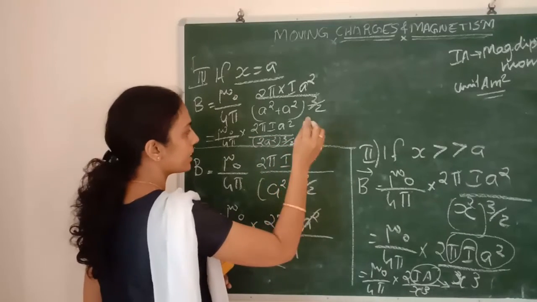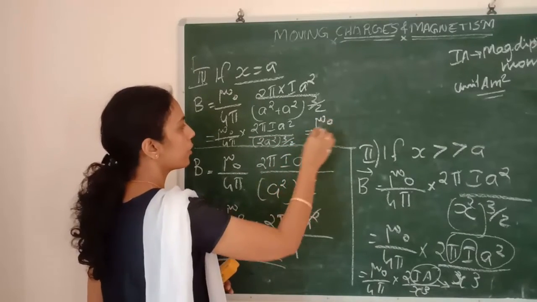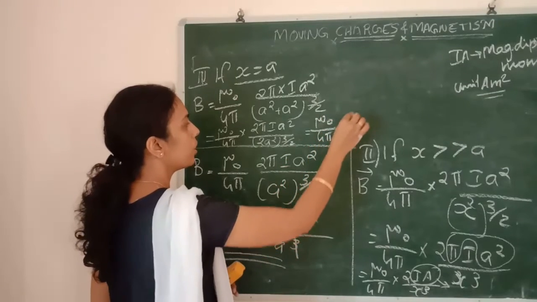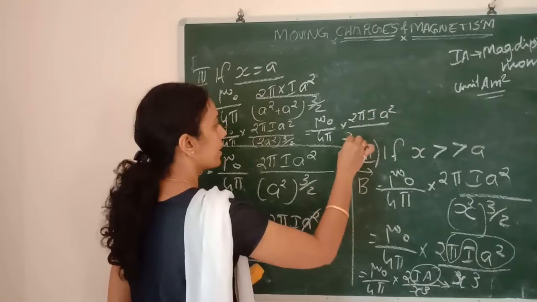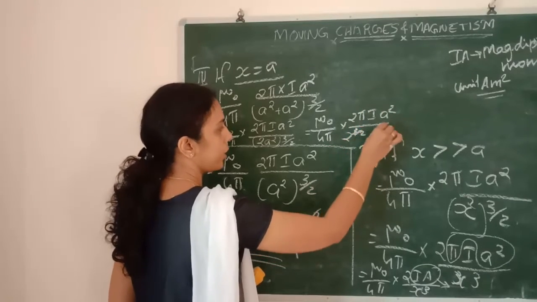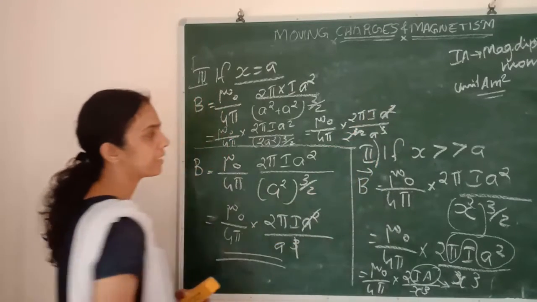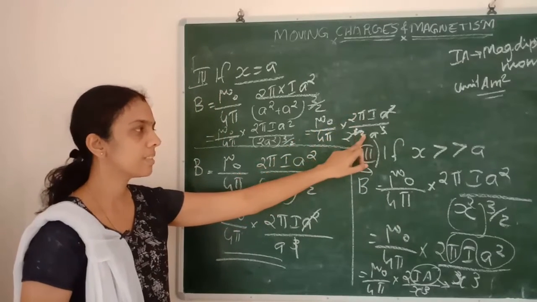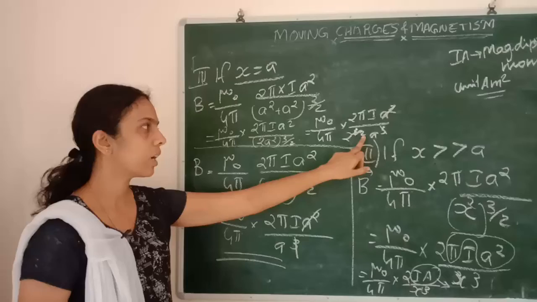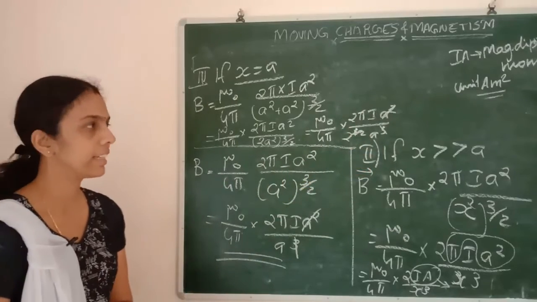Okay, so you will get mu 0 by 4 pi into 2 pi I a square divided by 2 to the power 3 by 2 into a cube. This will get cancelled, you will get 2 to the power 3 by 2. Then this 2 you can take downwards and rearrange this.